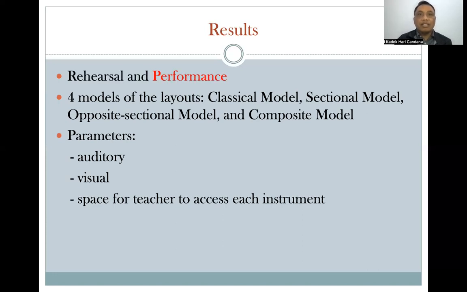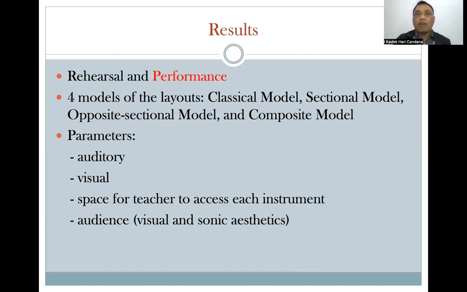The ease with which the instructor can move around and between the instruments in rehearsal, and in performance, for the audience to be able to see and hear the instruments and players, as well as be positioned to take in the cohesive aesthetic effect of the gamelan as a whole. These parameters provided a basis for ongoing student comments and instructor experimentation.